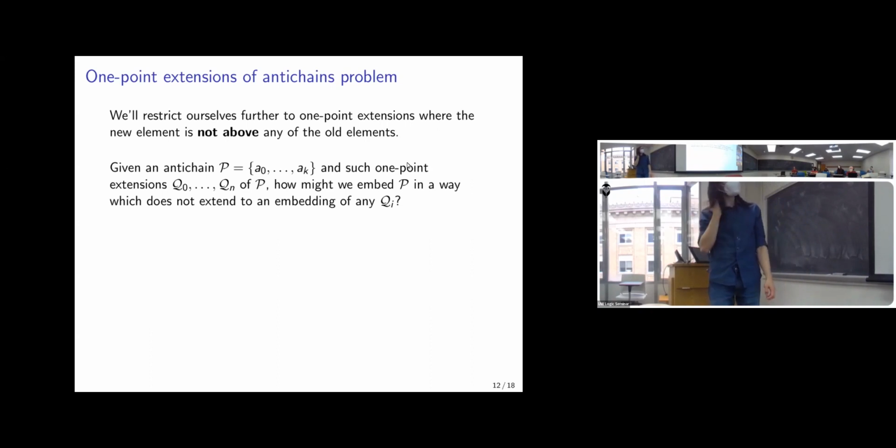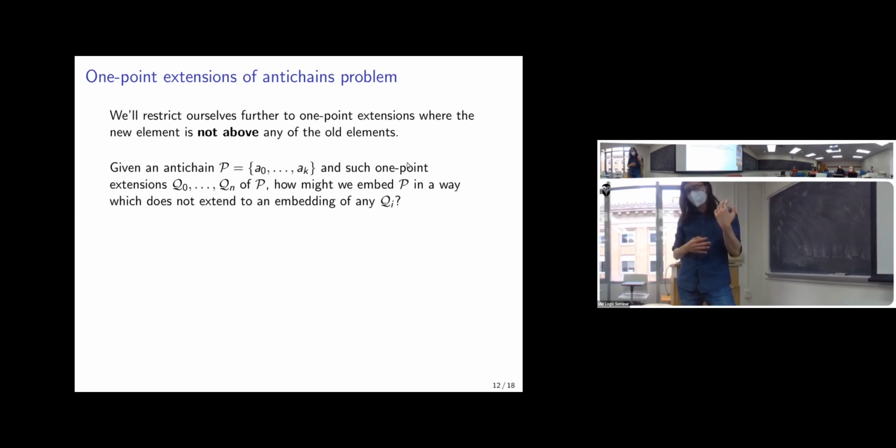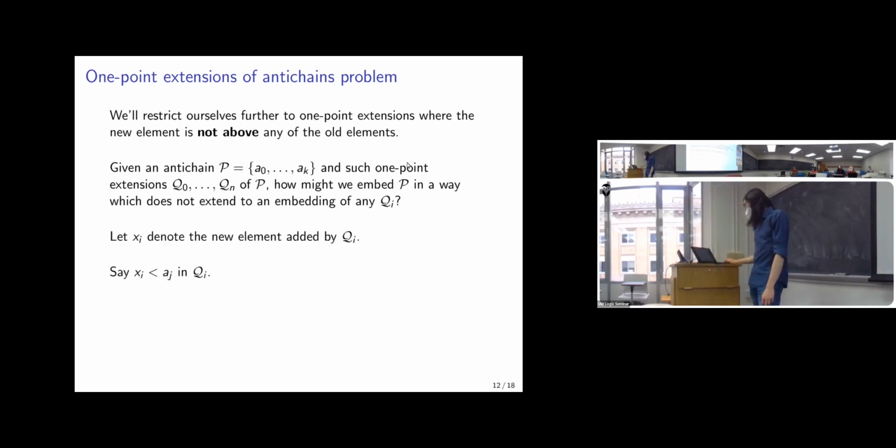Well, one kind of embedding that's always going to be there is given by density. By density, you're always going to be able to find something that's below some a0, let's say. You have some non-zero a0, and there's always going to be something that's strictly below a0 and is not zero itself.